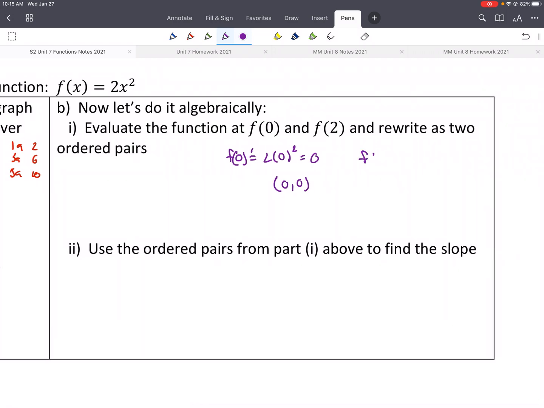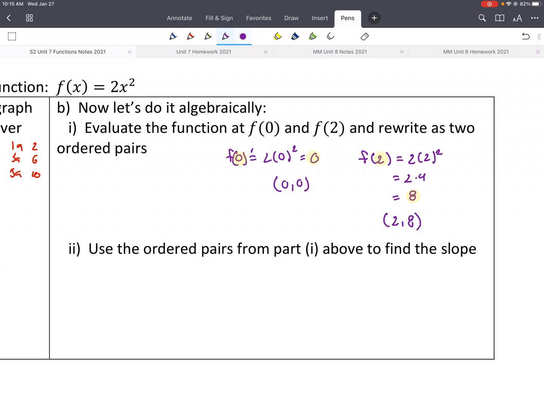And then we want to do it when x is equal to 2. So that would be 2 times 2 squared, or 2 times 4, or 8. So our point here would be 2, 8. Okay, 2, 8. This was 0, 0.